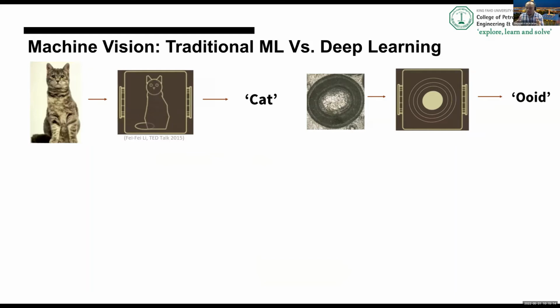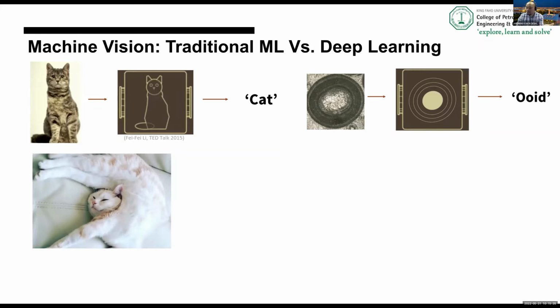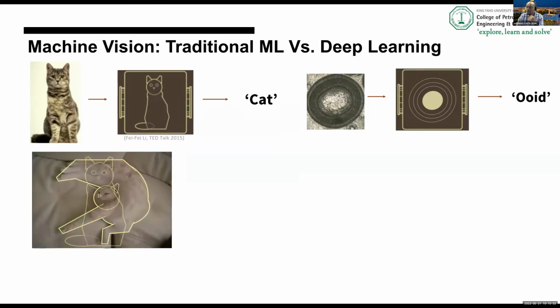What's really the motivation behind switching from traditional machine learning to deep learning? Because as you know, if we take a cat as our example, a cat can have many different shapes, right? For example, it can be in a very funny, contorted shape like this. It means you need to introduce a new set of algorithms or a set of rules, right?